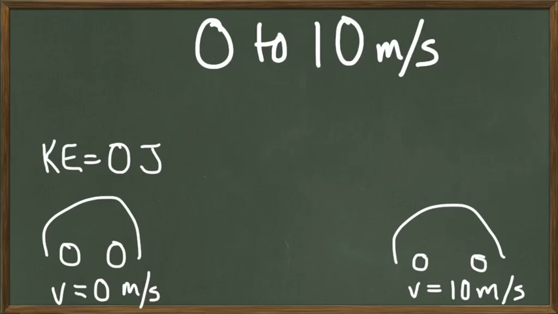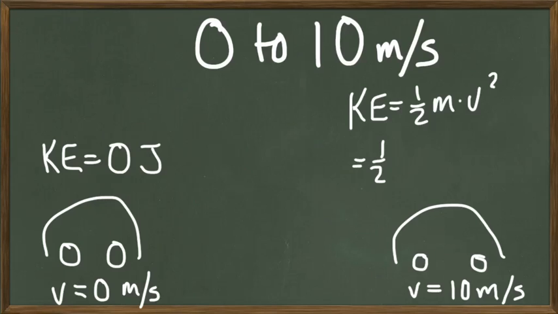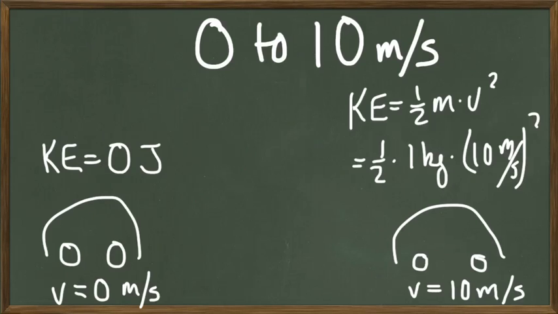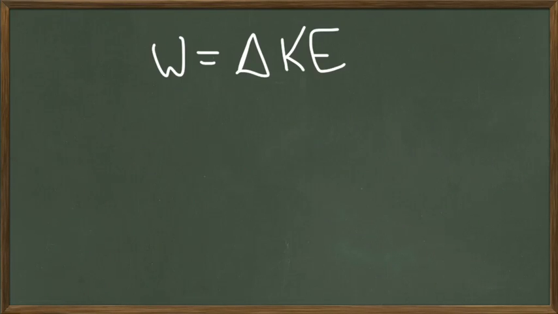And once it reaches 10 meters per second, it will have how much kinetic energy? Well, let's calculate that. Kinetic energy is 1/2 m times v squared, or 1/2 times 1 kilogram times 10 meters per second, squared. We know that the mass is 1 kilogram and the speed is 10 meters per second, and we square that, and what do we get? Work equals the change in kinetic energy.